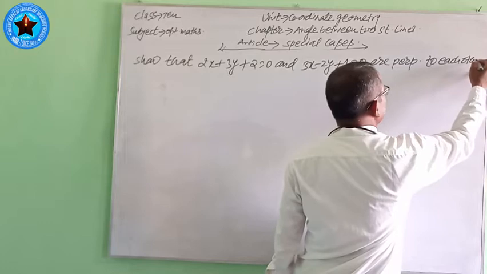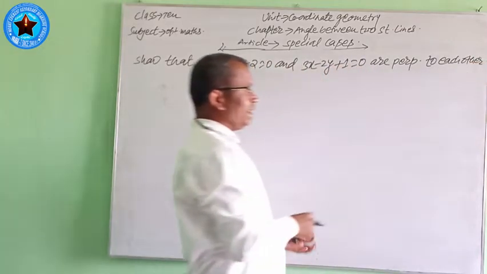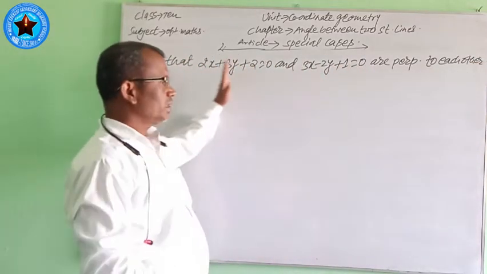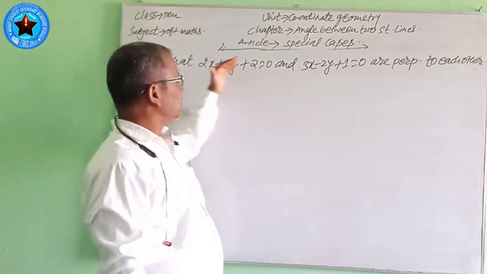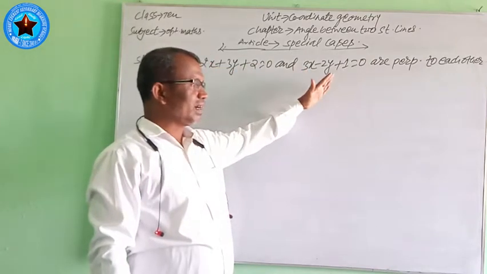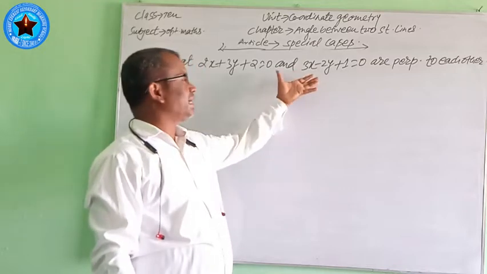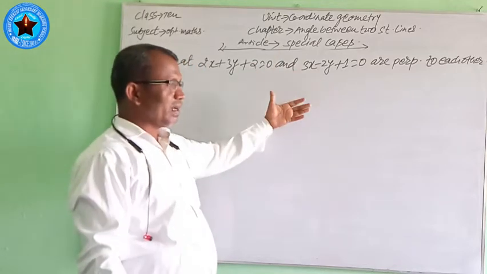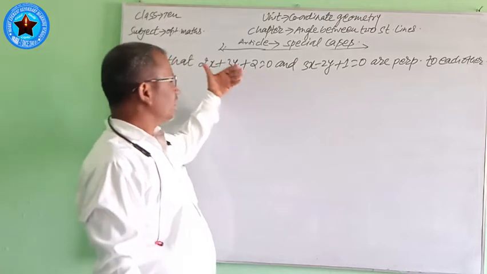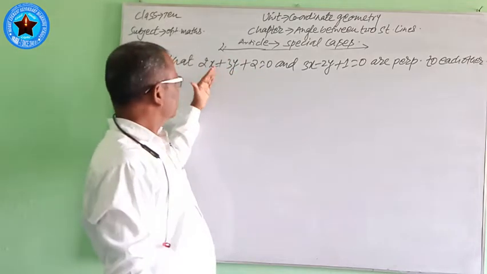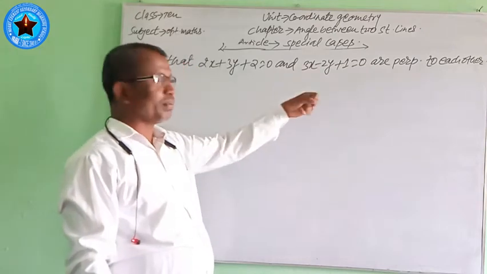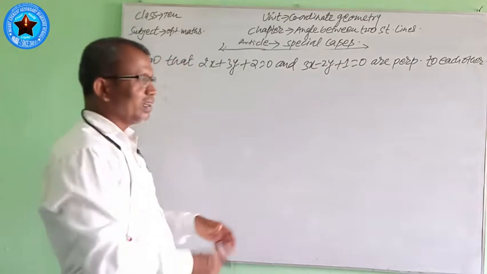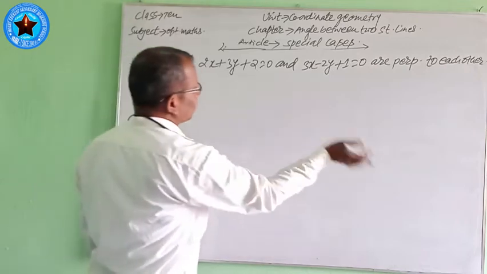In two different ways we can find the solution of these two straight lines. One is finding the angle between these two straight lines. If the angle between them comes 90 degree, the straight lines are perpendicular to each other. Or another process is just finding the slopes, then taking their product. If the product comes minus 1, we can say that the straight lines are perpendicular to each other.